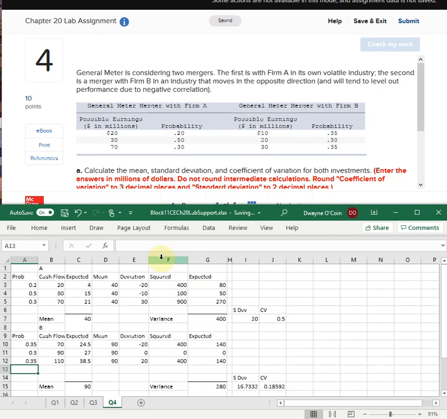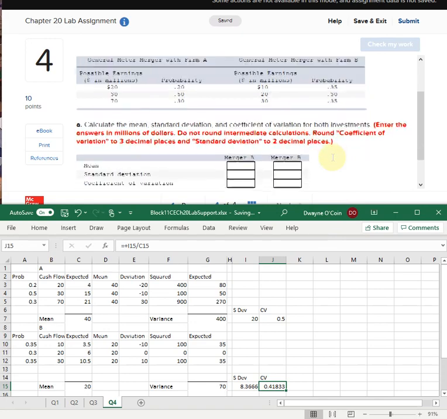And the cash flows are given as the possible earnings in millions, so 10, 20, and 30. So we have a mean of 20 in that case, and working out the same variance calculation, we end up with a variance of 70, a standard deviation of 8.3666, giving us a coefficient of variation of 0.41833.